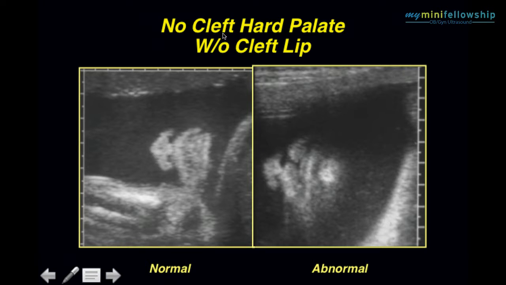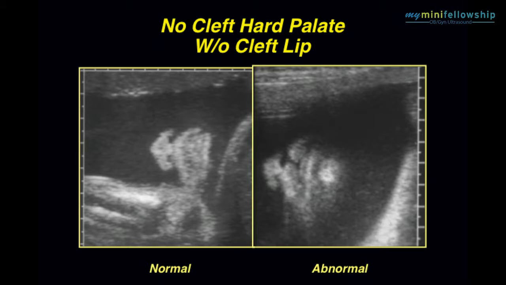Now, cleft hard palate is more difficult to diagnose than cleft lip, but cleft hard palate and cleft lip are almost always associated with one another. So the thing to look for is the cleft lip. That's your best chance of finding it.